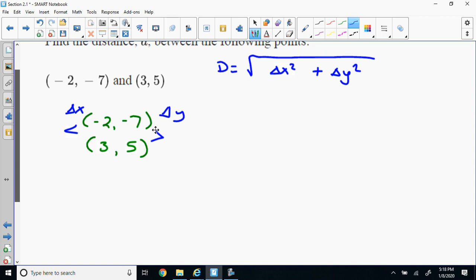Because we're going to square and everything's going to be positive. But I want you to still put a sign because we're going to do this when we do slope. Okay? So it ties in very well. So this would be going up the number line 5 spaces. So over here would be a positive 5. You agree? All right. What would be the change for y? Huh? 12. How'd you get that?